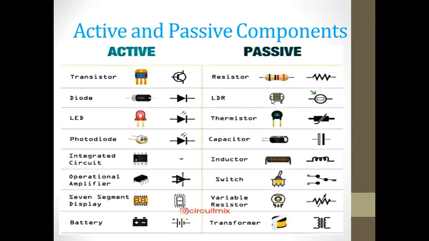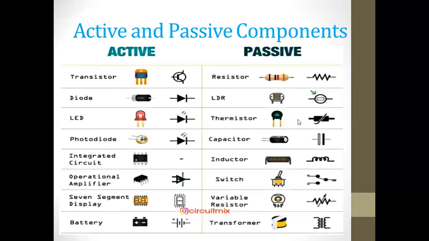Coming to the passive components, they do not deliver any power. Instead, they absorb the power and convert it into heat or store it in the form of an electric field or magnetic field. Here, transistor, diode, LED, photodiode, integrated circuit, operational amplifier, 7-segment display, and battery are categorized as active components.